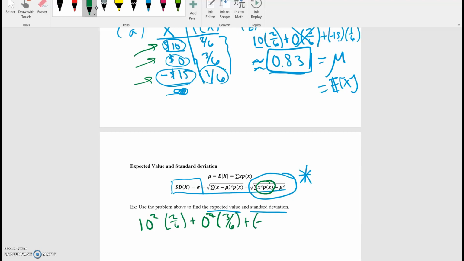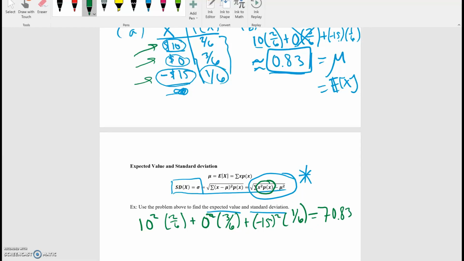Then the next one, negative 15 squared, multiplying it by 1/6, okay? I'm going to go ahead and put this into my calculator, and what I'm going to get is 70.83.